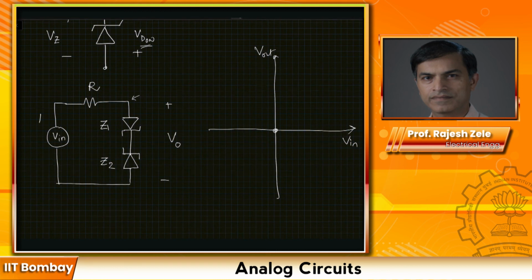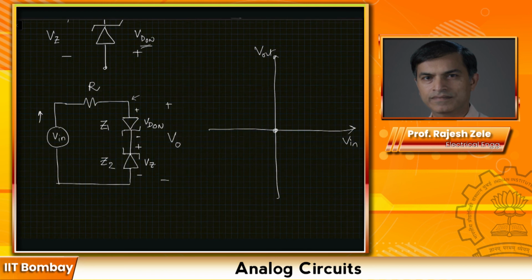As you start increasing your Vin voltage, what will happen? The diode Z1 will start turning on because you're taking its anode positive, and diode Z2 will get reverse biased. Both diodes will turn on at Vd on and plus minus Vz.